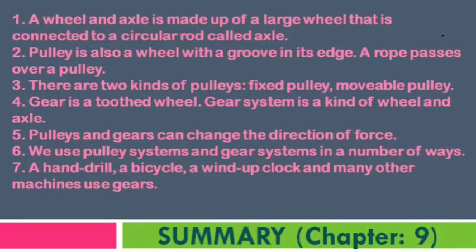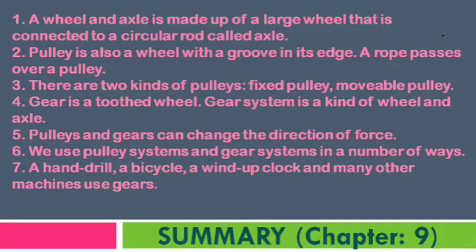So a gear is called a toothed wheel, and that is also a kind of wheel and axle. Pulleys and gears can change the direction of force, like we pull downside, the load will move upside. And we use pulley systems and gear systems in a number of ways.